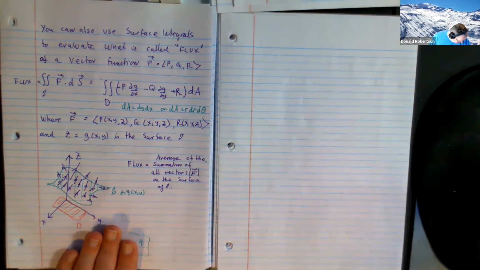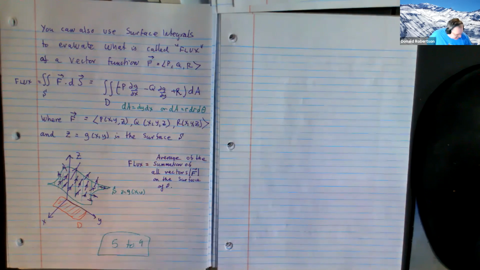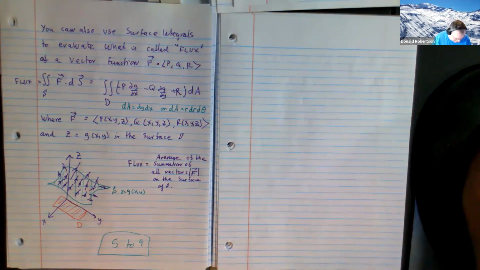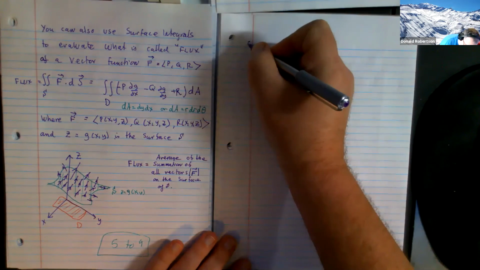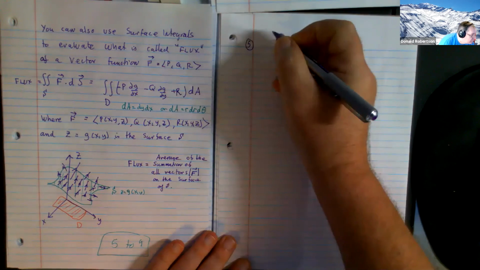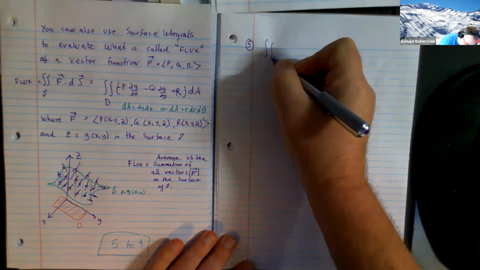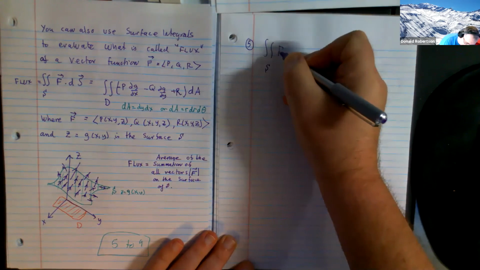And that happens in questions 5 up to question 9. So I think I've got time to set up question 5 to show you what the darn thing looks like. Here is: calculate the flux.